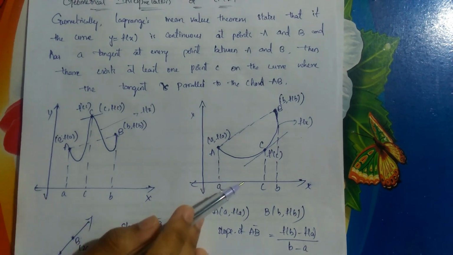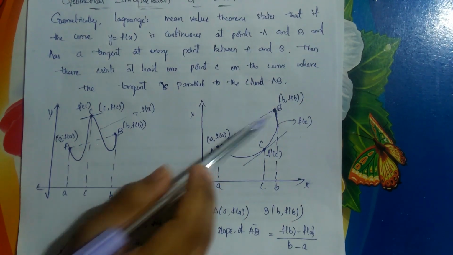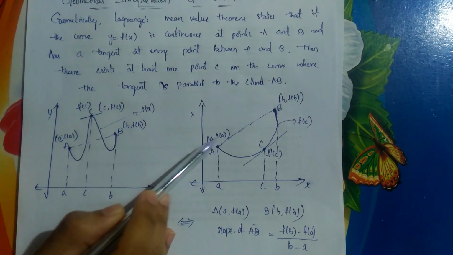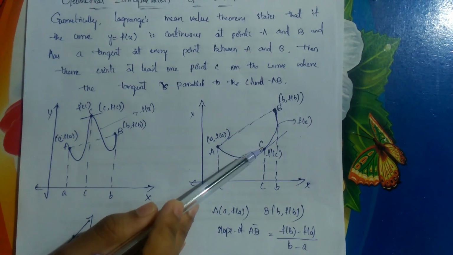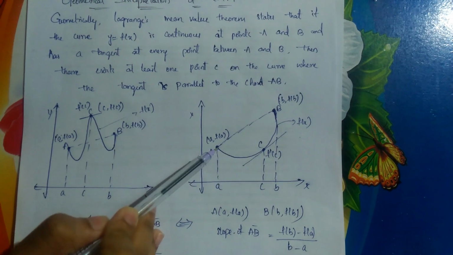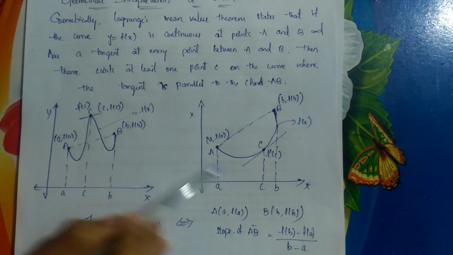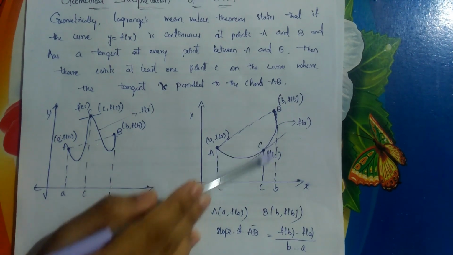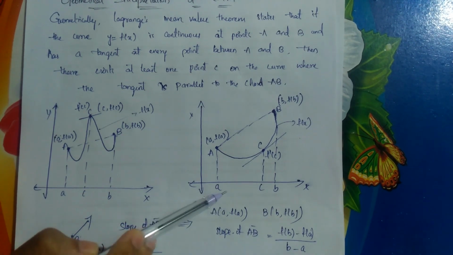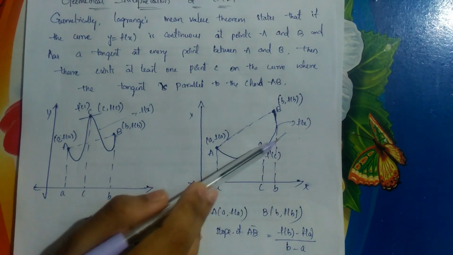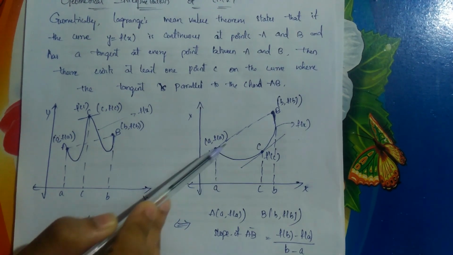Similarly, if you see the second graph, these two are the endpoints A and B, the coordinates of A is a comma f of a, and the coordinates of B is b comma f of b, and this is a point C, and this is the curve f of x. When we plot it to the x-axis, this will be A and this will be B, and C on the x-axis lies between A and B. This is a tangent at point C, and this tangent is parallel to the chord AB.